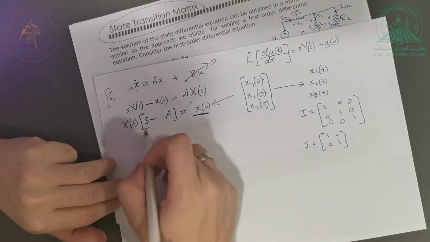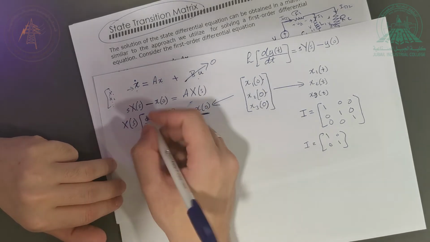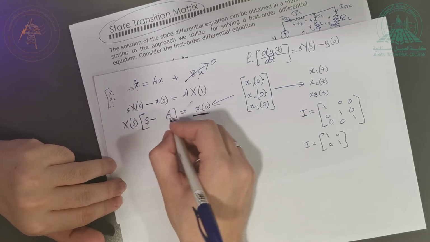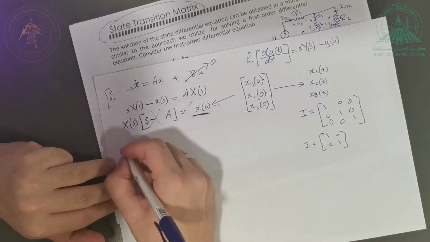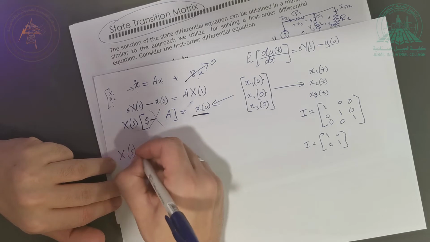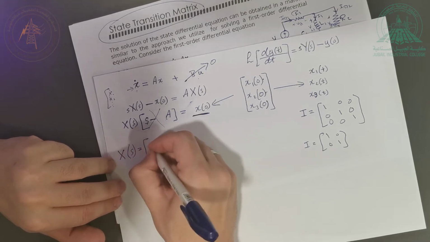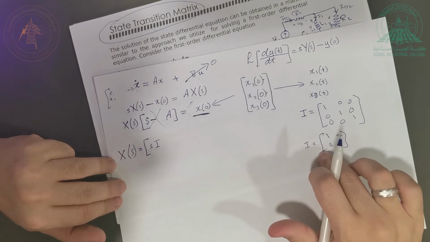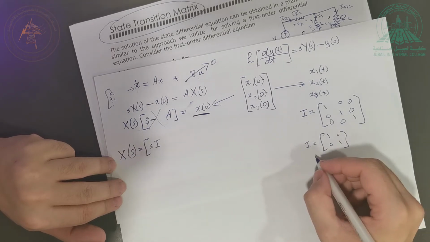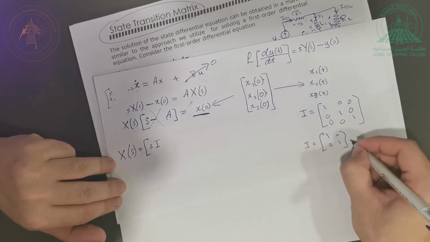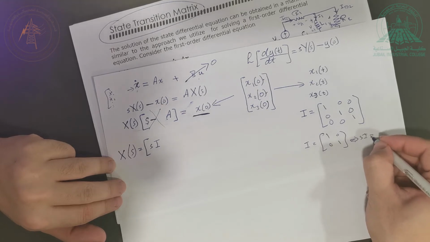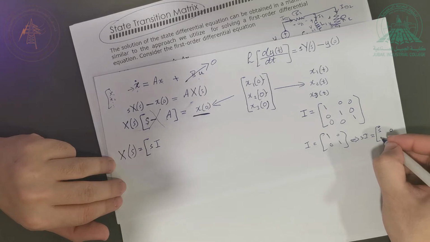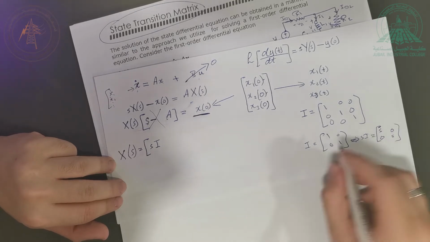So right here I cannot do that. This is not allowed. So rather than just saying s minus A, where we have an issue, I'm going to write it like this: X(s) is equal to sI. So I'm basically multiplying s by this. What is sI going to be in this case? If I multiply, I get s 0 0 s, right? Multiplying s by that.